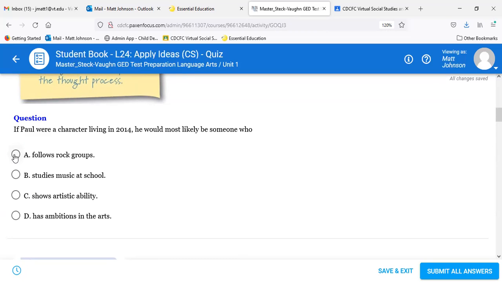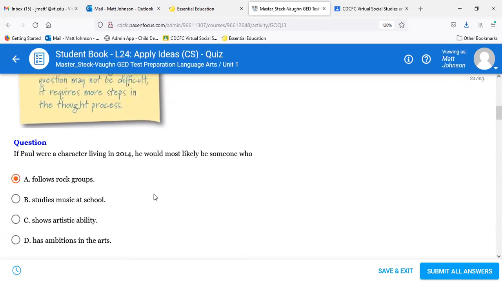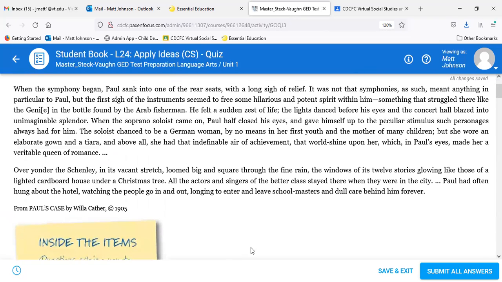A, yeah. So particularly with that last bit: Paul had often hung about the hotel, watching people go in and out, longing to enter and leave school. I'm assuming either he is a student or he may work in a school.